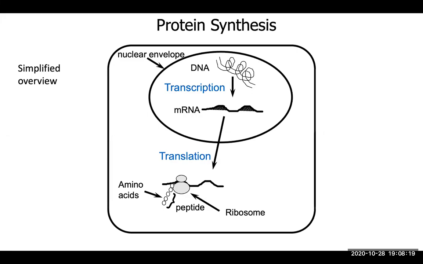And then the sugar itself for DNA is deoxyribose, and for RNA it's just ribose. But they are still both nucleic acids, so we'll say that it's the same language. But then here in translation, you need to translate from mRNA, which is a nucleic acid, into a completely different language, which is amino acids, to make a protein, okay?